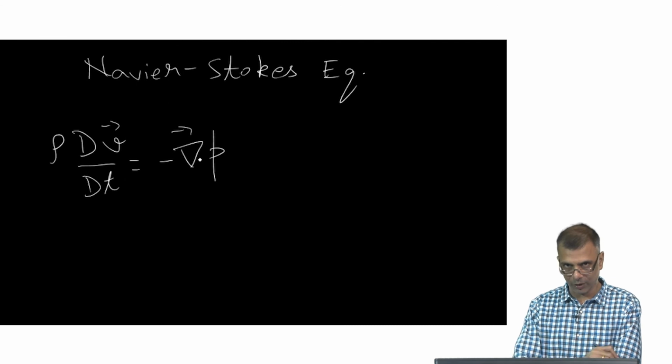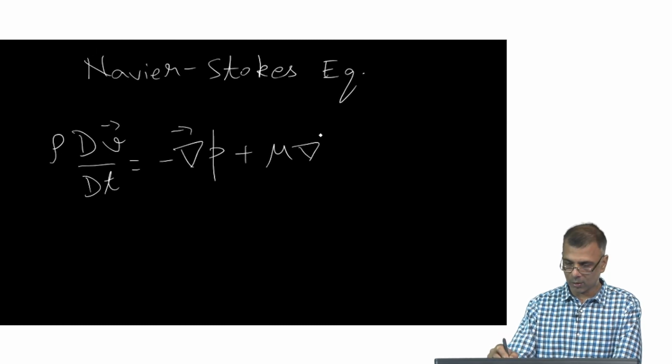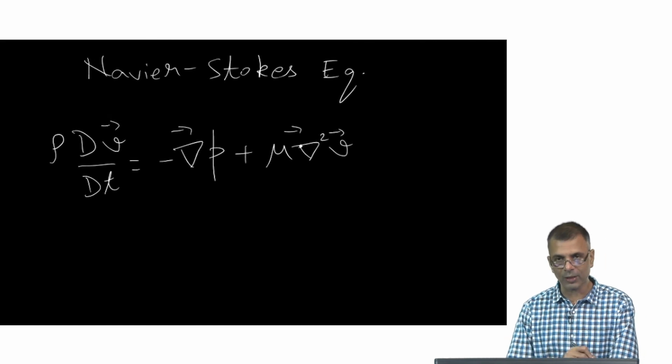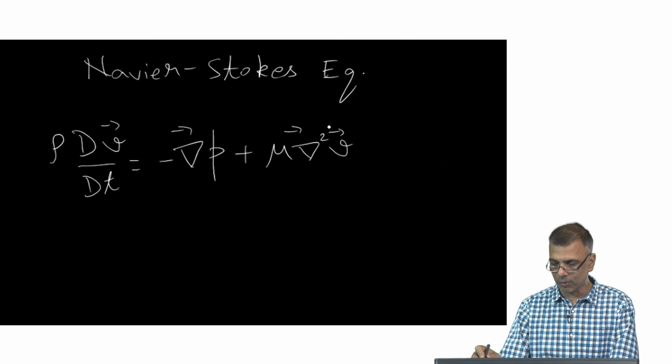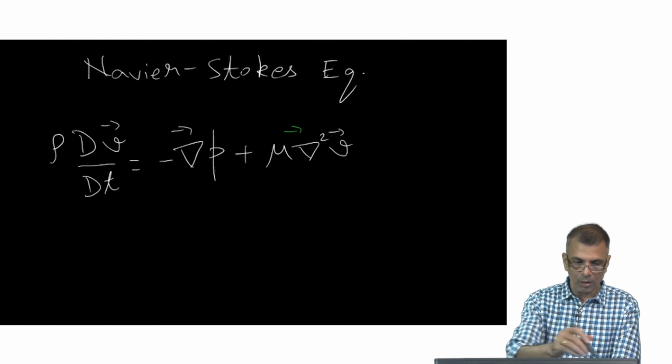the gradient of pressure, plus mu times the vector Laplacian of the velocity. I didn't write this very well, sorry.